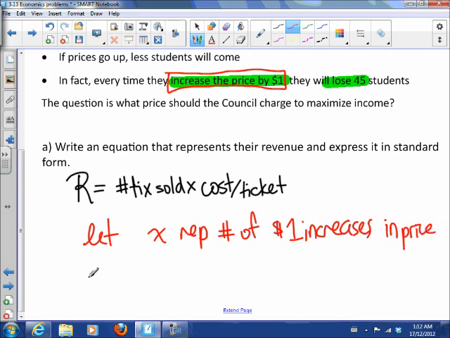Okay? So that means that our revenue equation is, well, the cost per ticket starts at $3, but increases by x dollars, right? So x is the number of $1 increases.